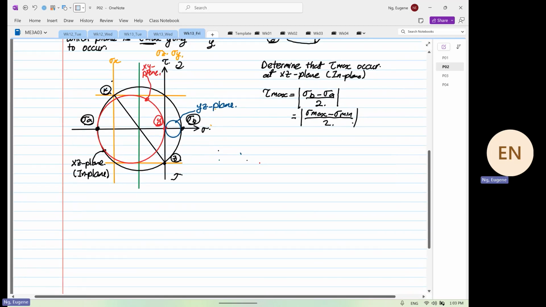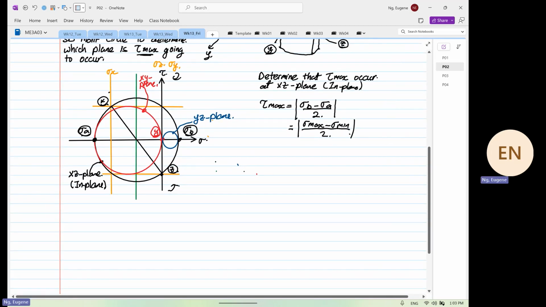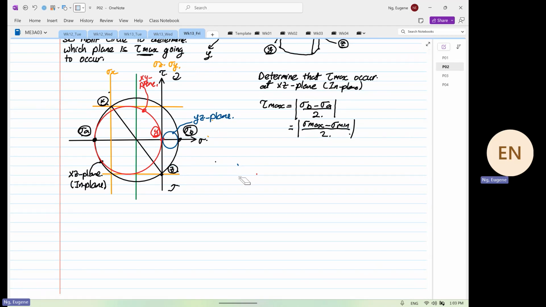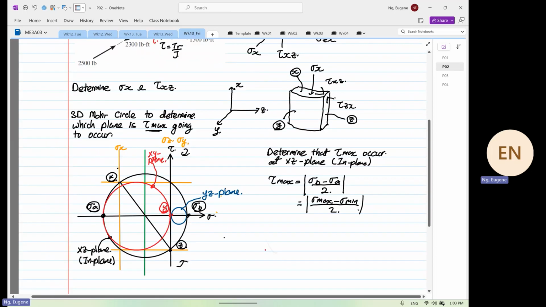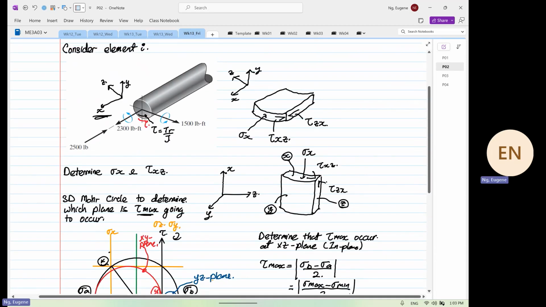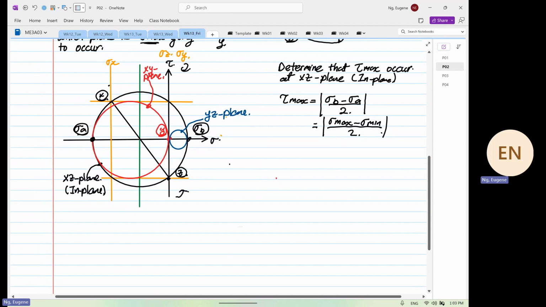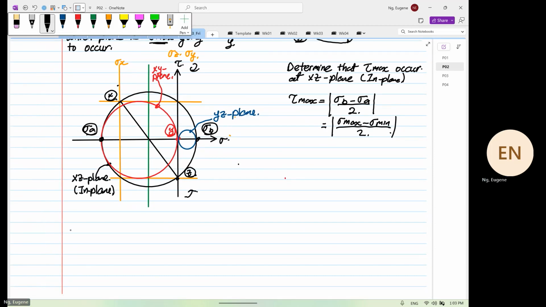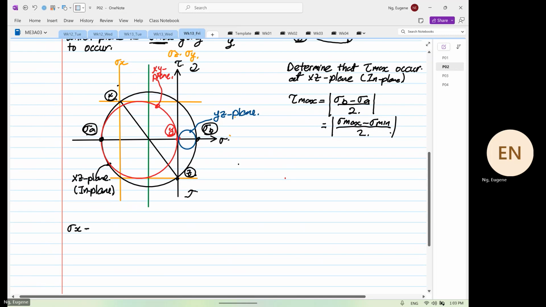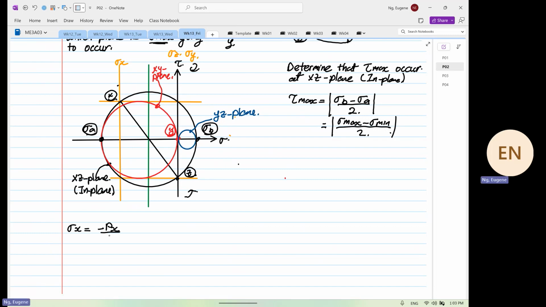So from here, this is all the analysis that you need to do. So next we start throwing numbers into the formula now. Okay. So we are going to consider again element I. So stress X is equal to minus Px over A, right?